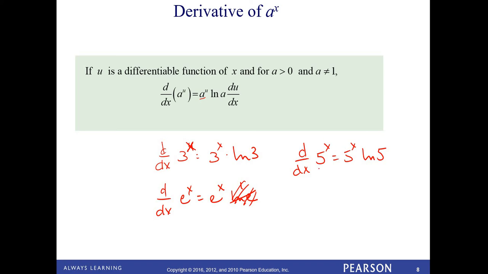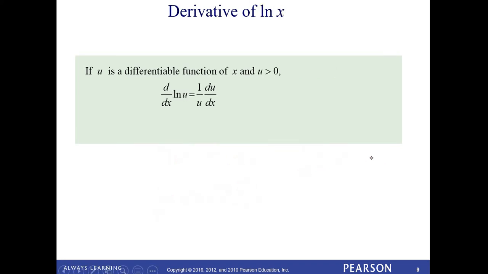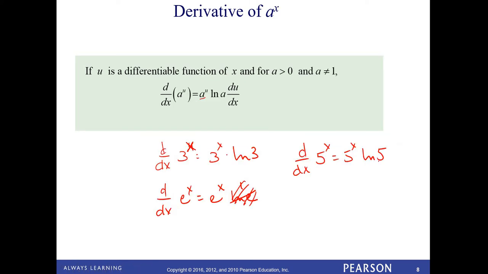The exponential is its own derivative times ln of its base. And then if we add a chain rule, d dx of 7 to the x squared, we would get 7 to the x squared times ln 7 times 2x. That's my chain rule.